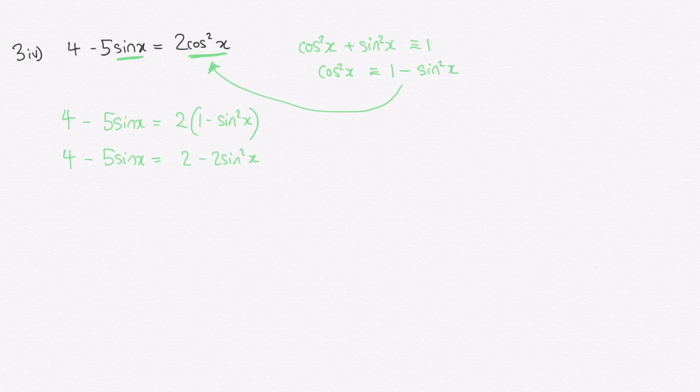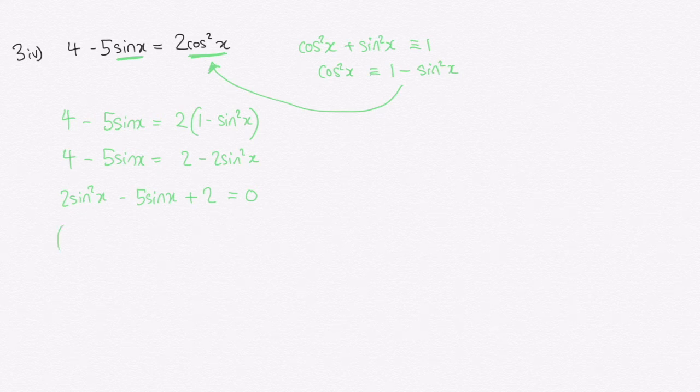So adding 2 sine squared x to both sides, minus 5 sine x. And then subtracting 2 from both sides, we get plus 2 is equal to 0. And that is a quadratic equation in sine x. And if you want to solve that on your calculator, or you want to use the quadratic formula, go ahead.